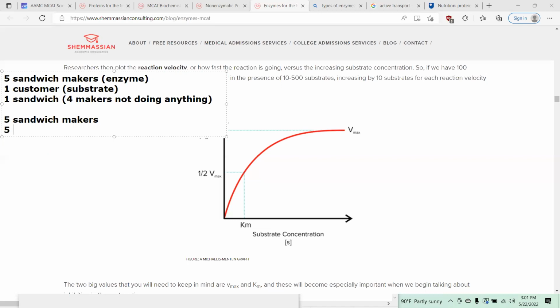Exactly. If there's five customers, or five substrate, and then we produce five sandwiches, aka the product. That's what we see here at the end, and that's what's called Vmax. This is the maximum velocity of our reaction.